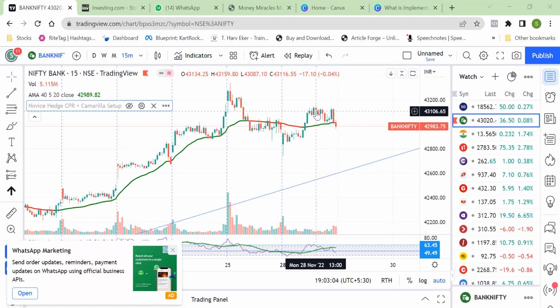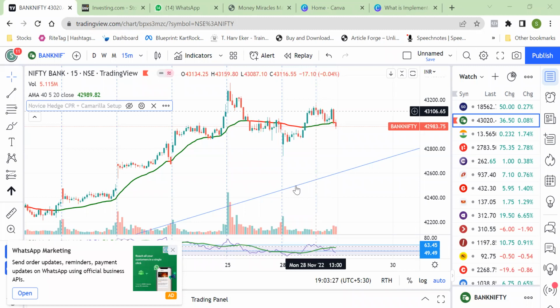If the top breaches and a new top is formed, this will not work. So whatever I am saying here currently, it is only applicable if you are good in the market, if you are good in reading charts and you know the resistances, then only you can use this. Otherwise, don't use this. So it is 43,134.